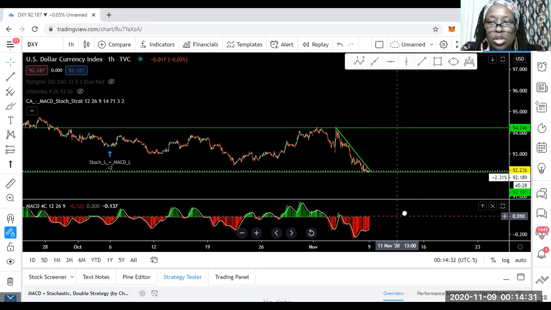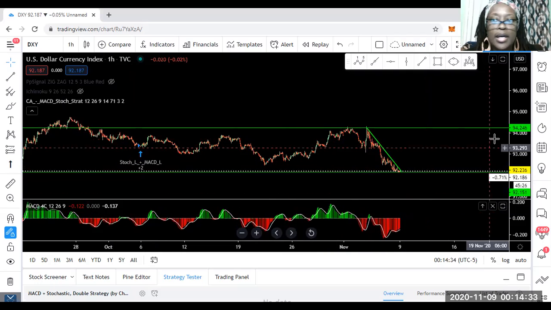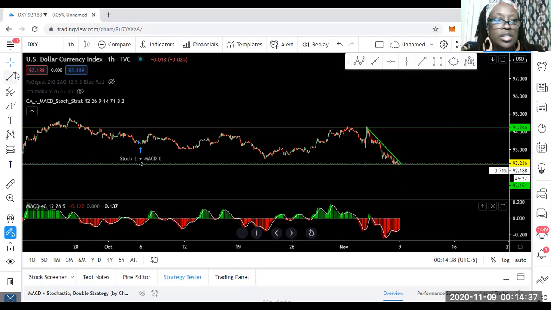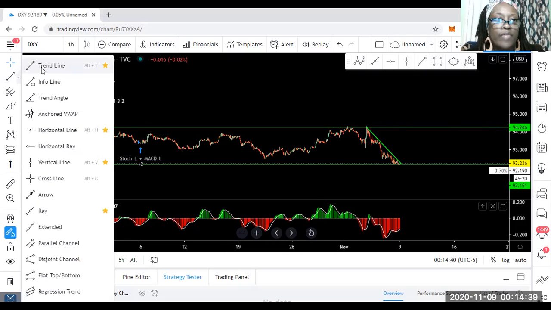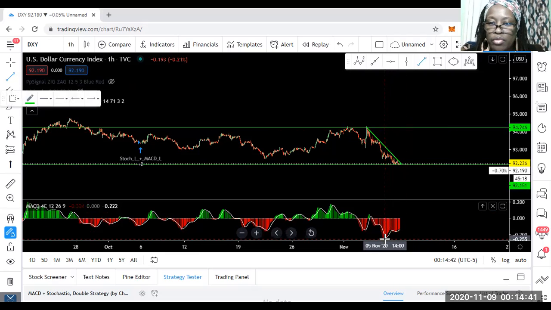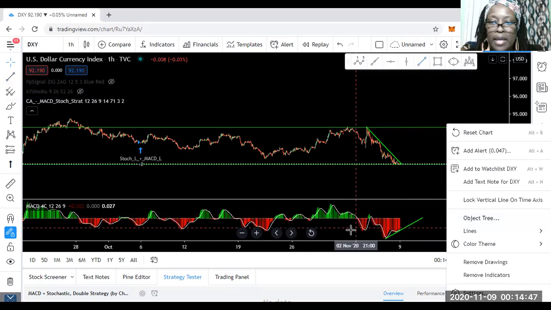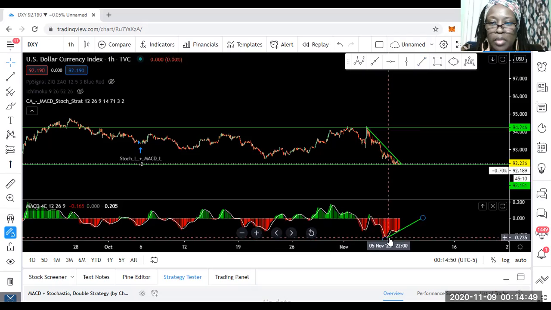Also, what I notice here is a little divergence, and that's a real good thing because divergence is an indication of a reversal, right? So you just connect the two points on the MACD. The white line is what I'm looking at, and I connect the bottom to where it's currently going.